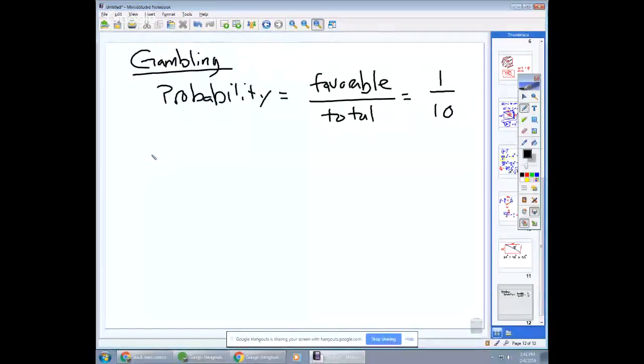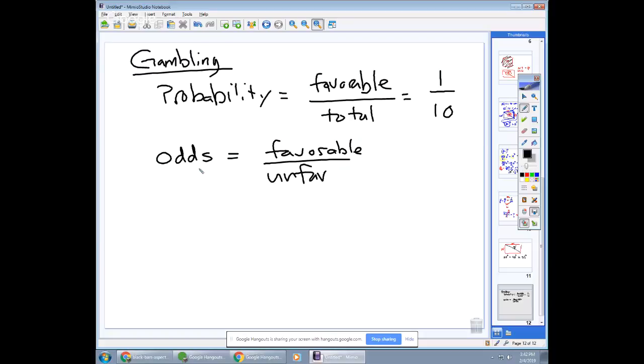Then there's the idea of odds. And odds is a ratio of favorable to unfavorable. That's what they use in terms of gambling if you place a bet to figure out how much you should win. So the odds ratio for winning for this horse would be 1 to 9.